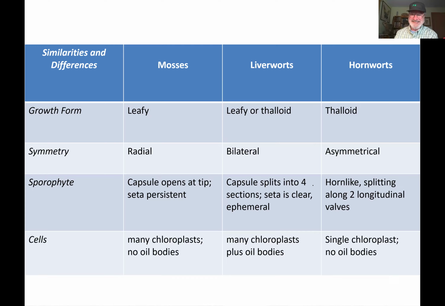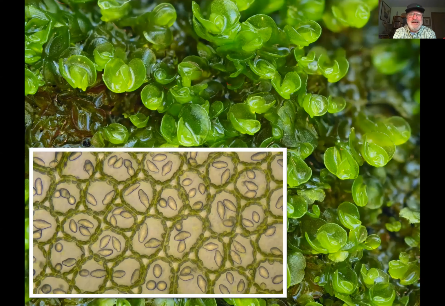So here's a picture of a liverwort, one of several very difficult to tell apart, especially without some sexual characteristics, of leafy liverworts with unlobed and untoothed leaves. And it shows an inset of what it looks like through the microscope, showing 2 to 4 kind of granular, pretty large oil bodies. And that is a useful liverwort diagnostic trait.